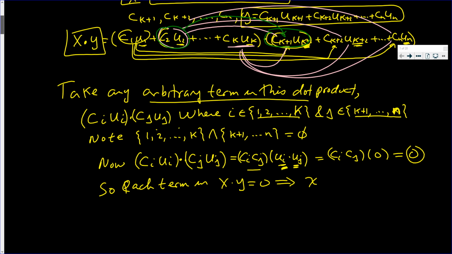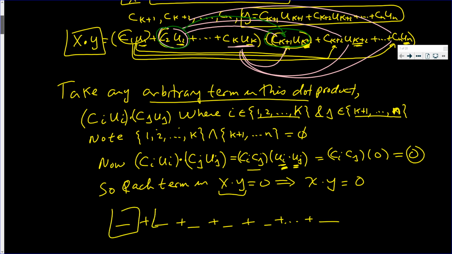That implies that x dot y itself is 0, because if you add up zeros, you get 0. x dot y is our sum: this plus this plus this, eventually to plus that. These are the terms, the terms are what you are adding.